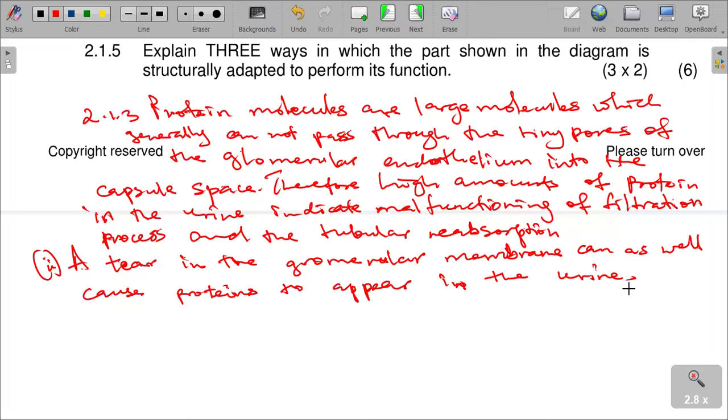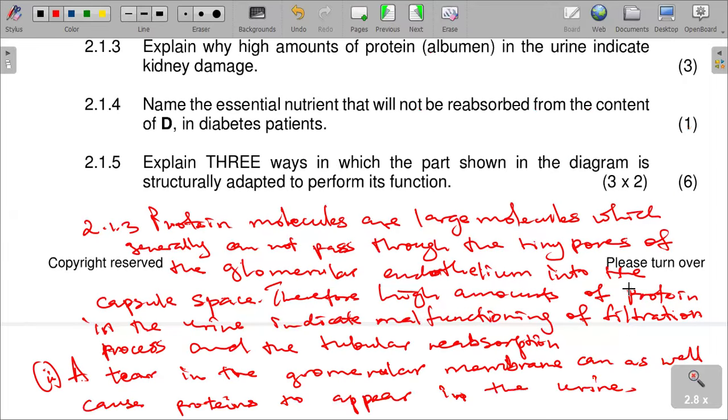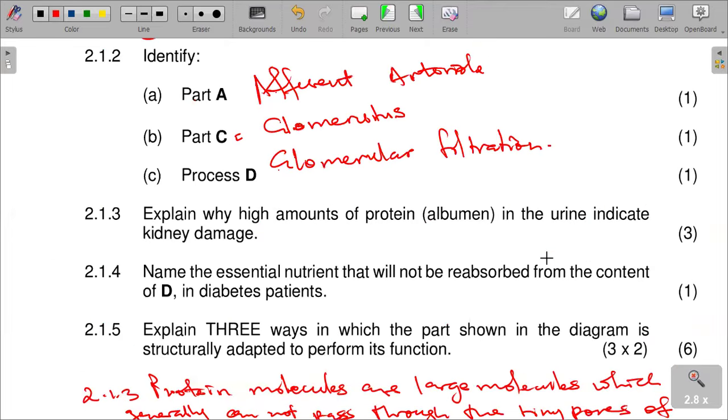That is the reason why, for question 2.1.3, a high amount of proteins in the urine indicates damage. Question 2.4, name the essential nutrient that will not be reabsorbed from the content of D in diabetes patients. We call that diabetes mellitus.